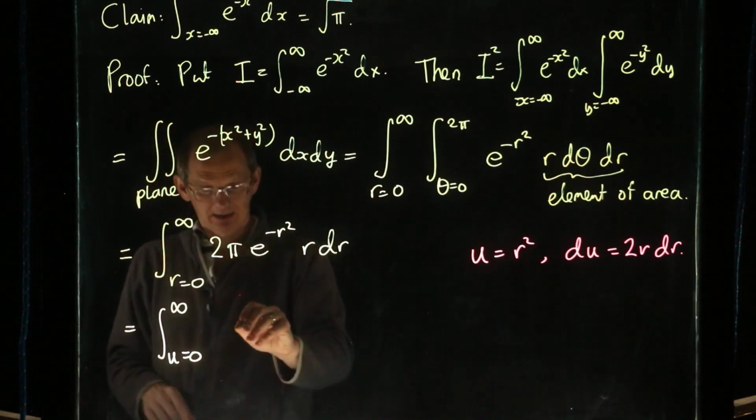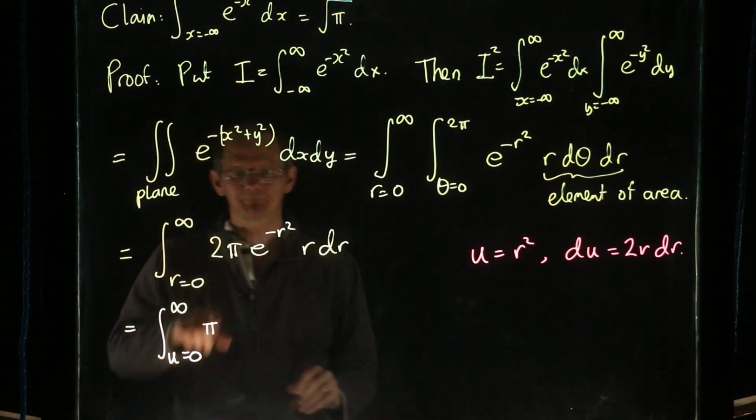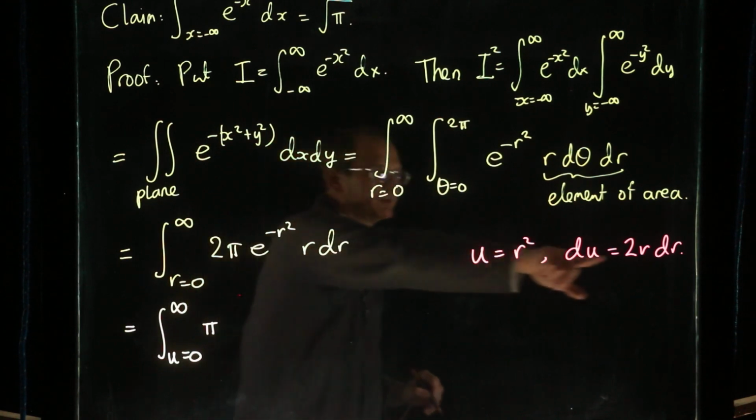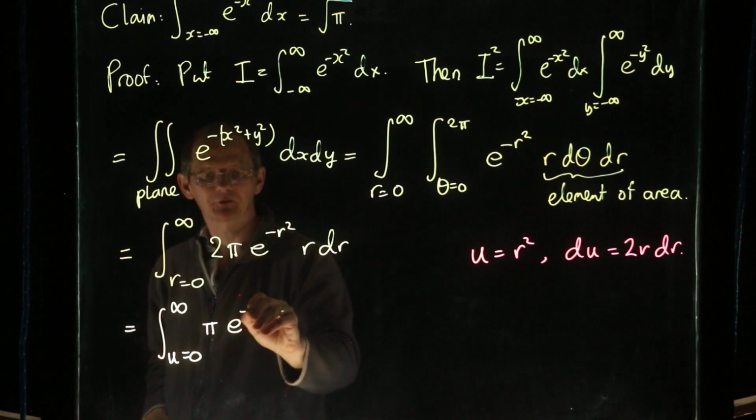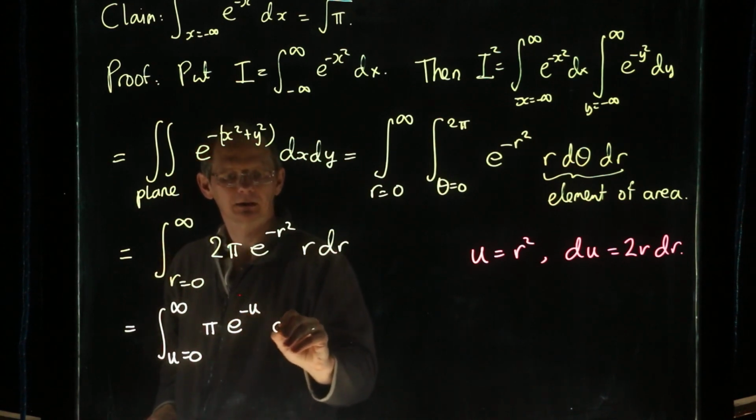And then here we've got this factor of pi, and then we've got a 2r dr, which we said is the same as du, and then the e to the minus r squared, that's e to the minus u du.